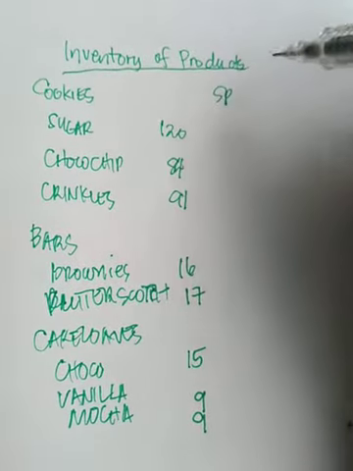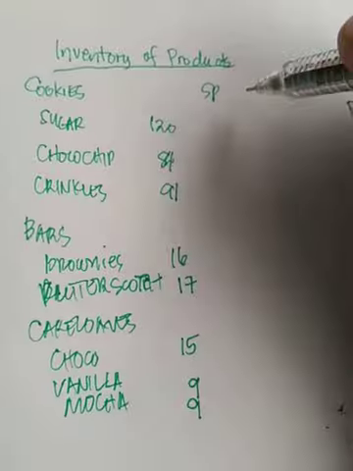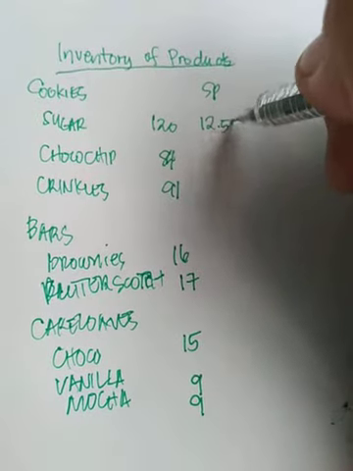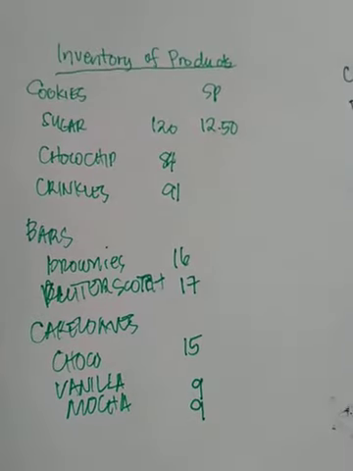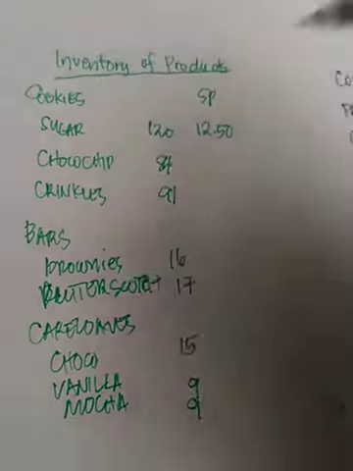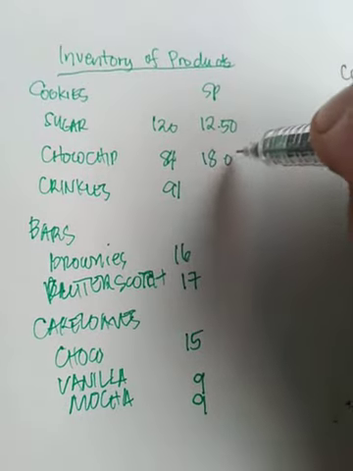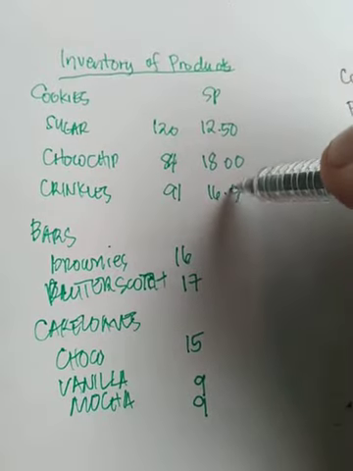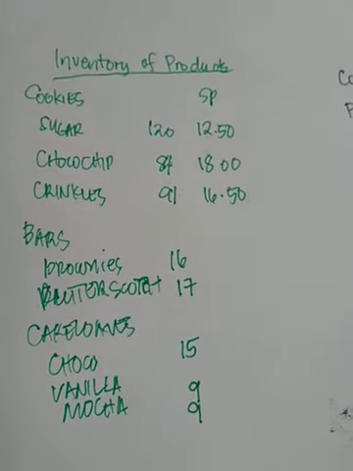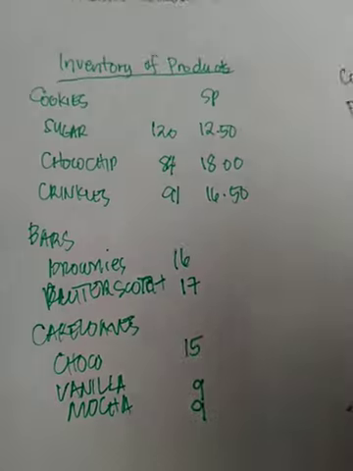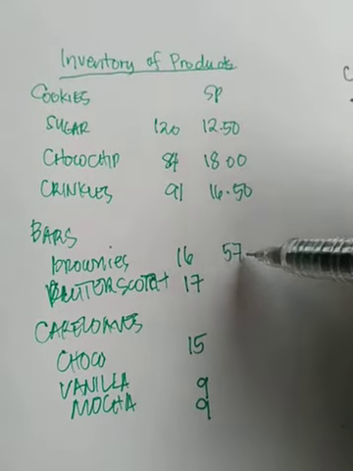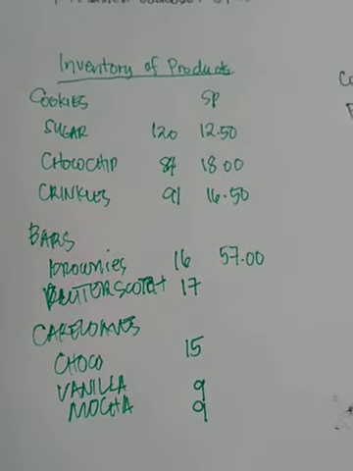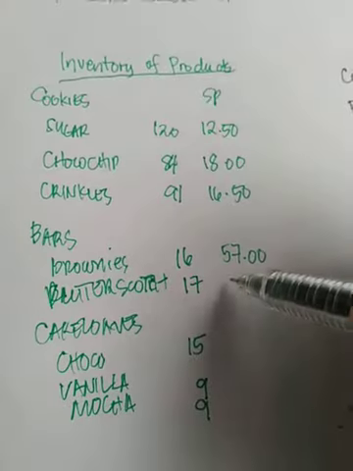Yung selling price natin is, this is 12.50. Choco chip is 18 pesos. Crinkles is 16.50. Brownies is 57 pesos. Butterscotch is 53.40.